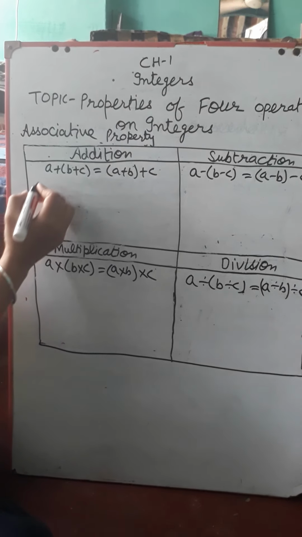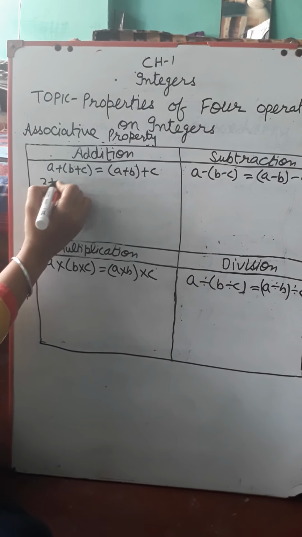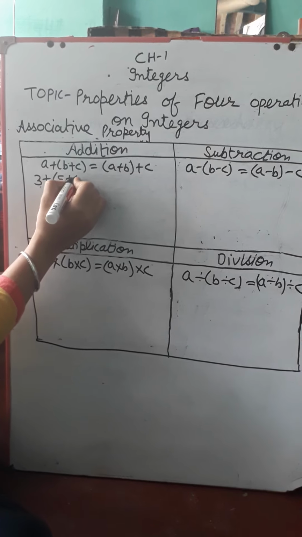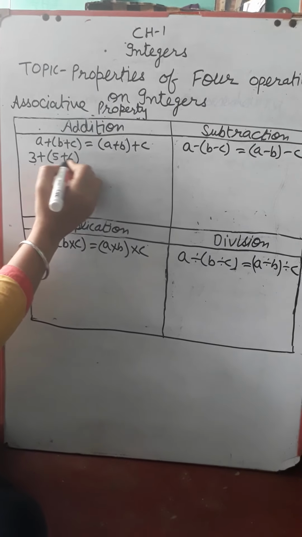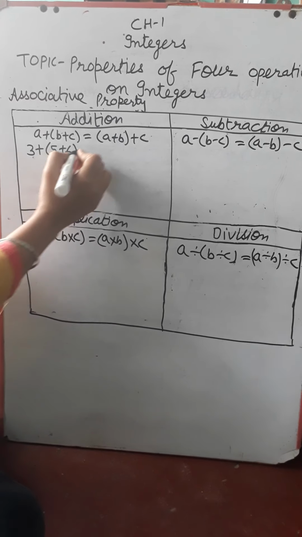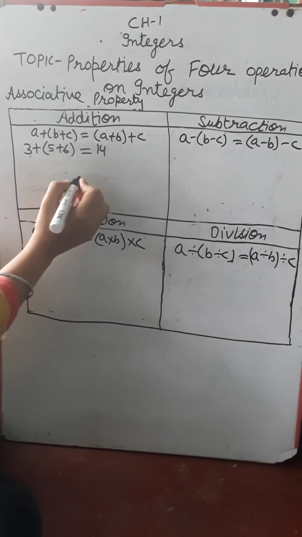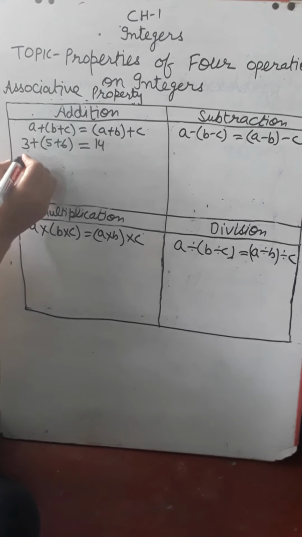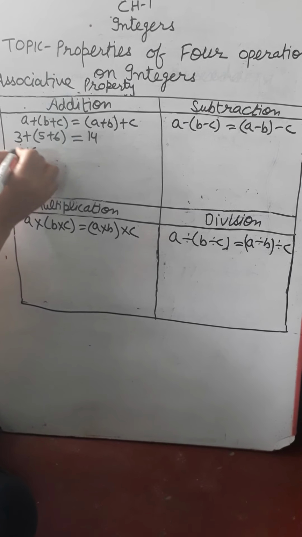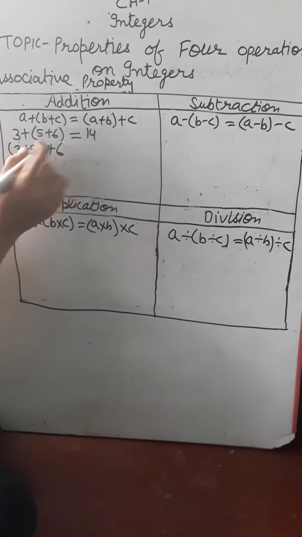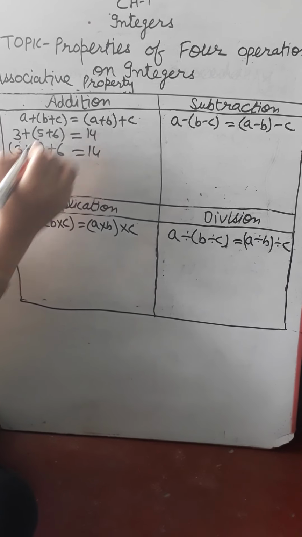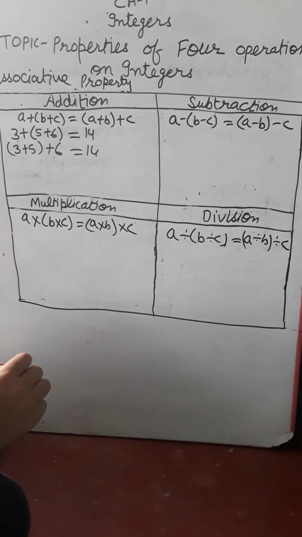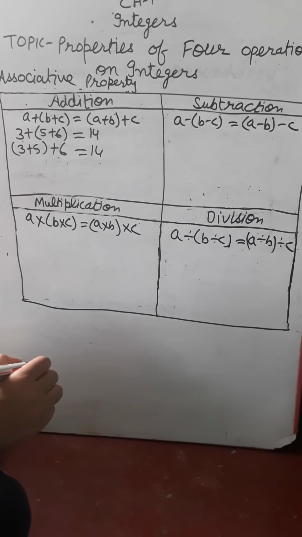If we add 3 plus 5 plus 6, what will we get? 5 plus 6 is 11, plus 3 is 14. First, if we add 3 plus 5, then plus 6: 5 plus 3 is 8. 8 plus 6 is 14. Both are equal. So addition is associative for integers.